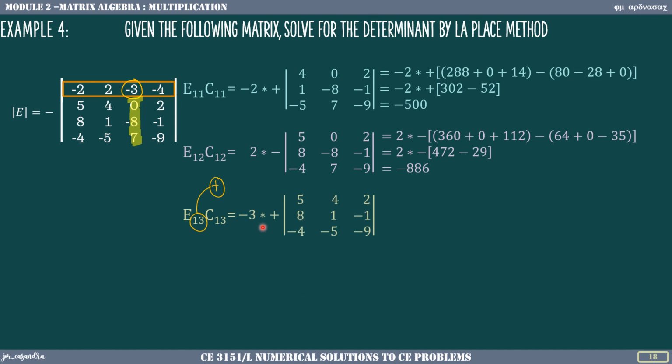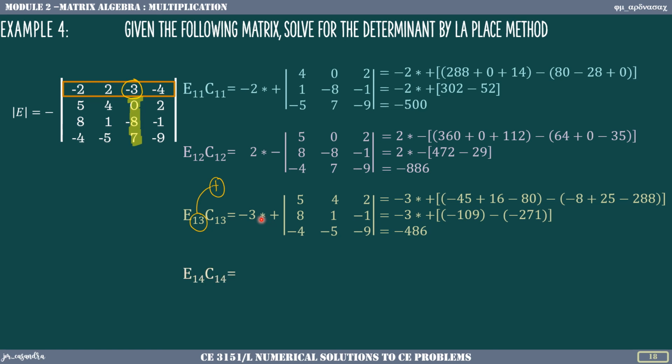So we'll have negative 3 times positive 5, 4, 2, 5, 4, 2, 8, 1, negative 1, negative 4, negative 5, negative 9. So solving for our matrix, we'll get now the product of element 1, 3 times its cofactor, which is equal to negative 486.